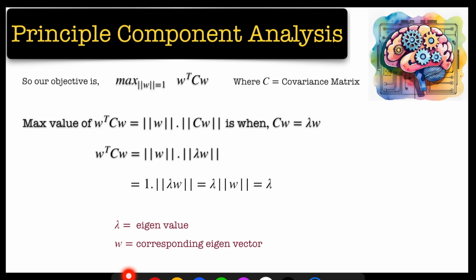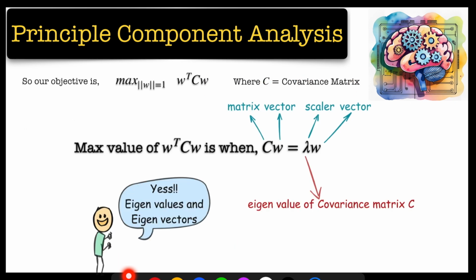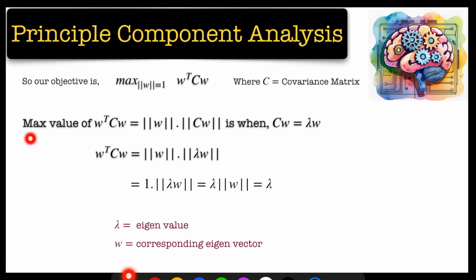So our objective here is maximizing W transpose CW, where C is the covariance matrix, and we saw that it happens when CW equals lambda W for some scalar lambda. So what is the maximum value of W transpose CW? That is W transpose CW is U transpose V, let's say.